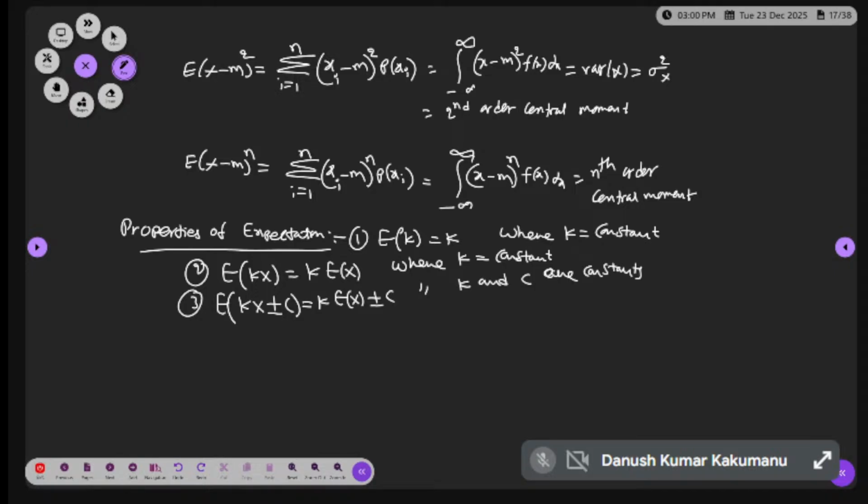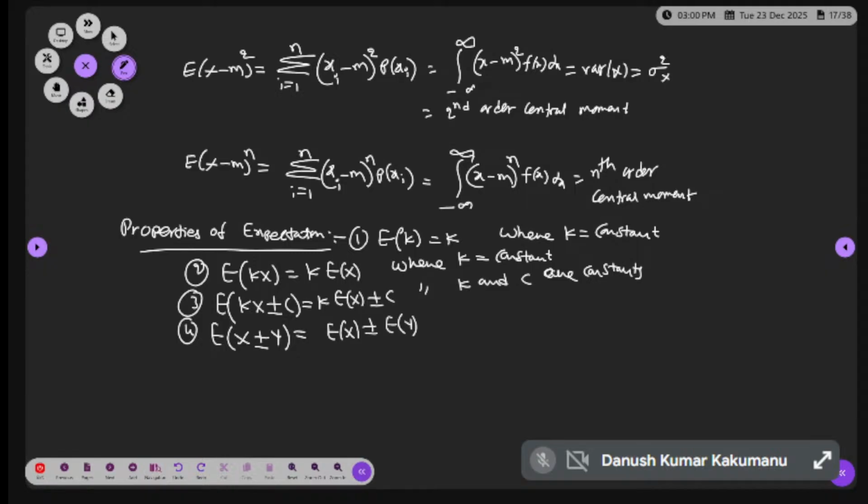All of you are understanding? k and c are constants. Fourth, expectation of x plus or minus y is E of x plus or minus E of y.